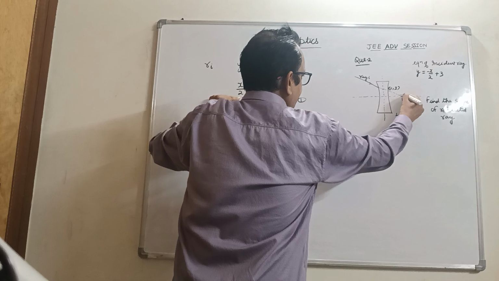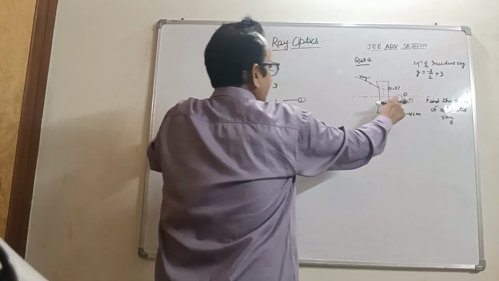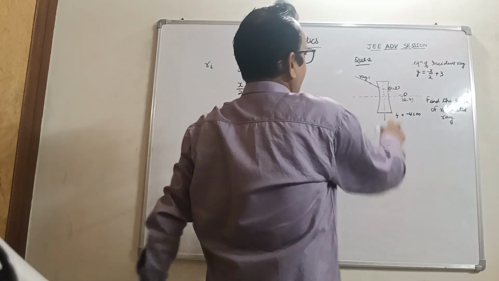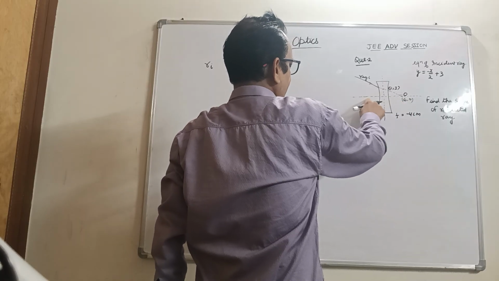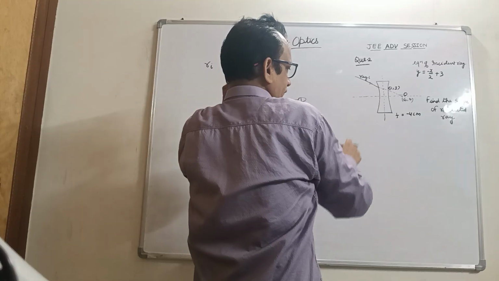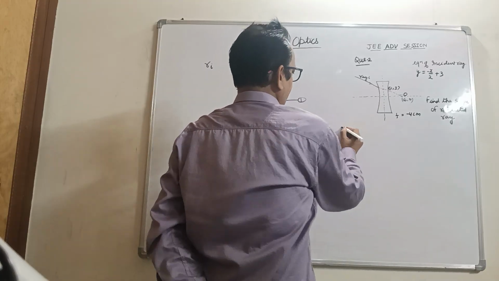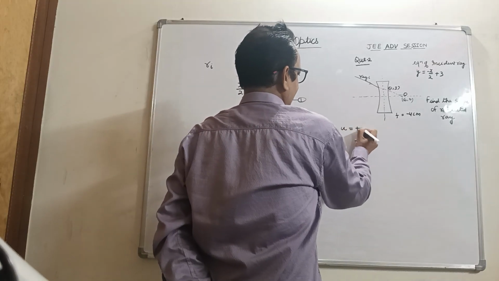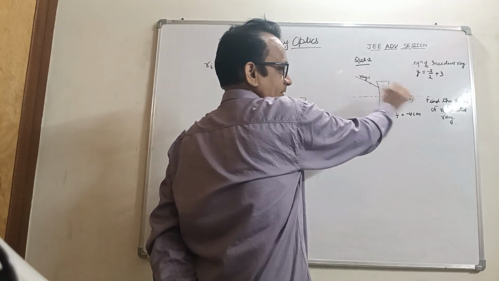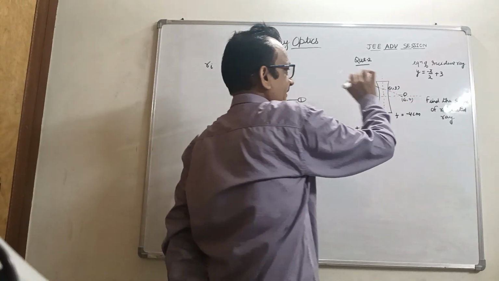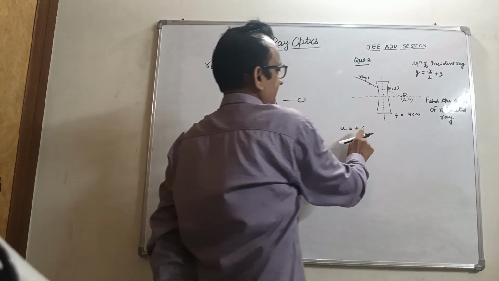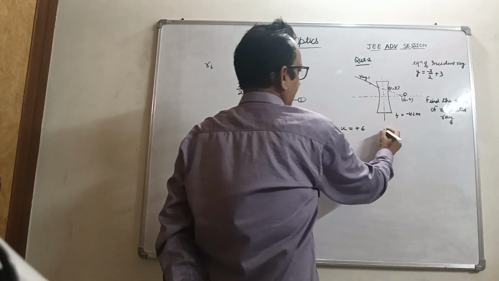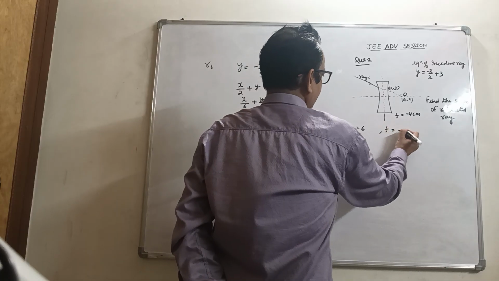So this is the apparent object here, and this object forms an image here. So we calculate the distance of the image. We have u is equal to plus 6. In the direction of rays, the positive value is taken, so we take u positive, and the focal length is negative.